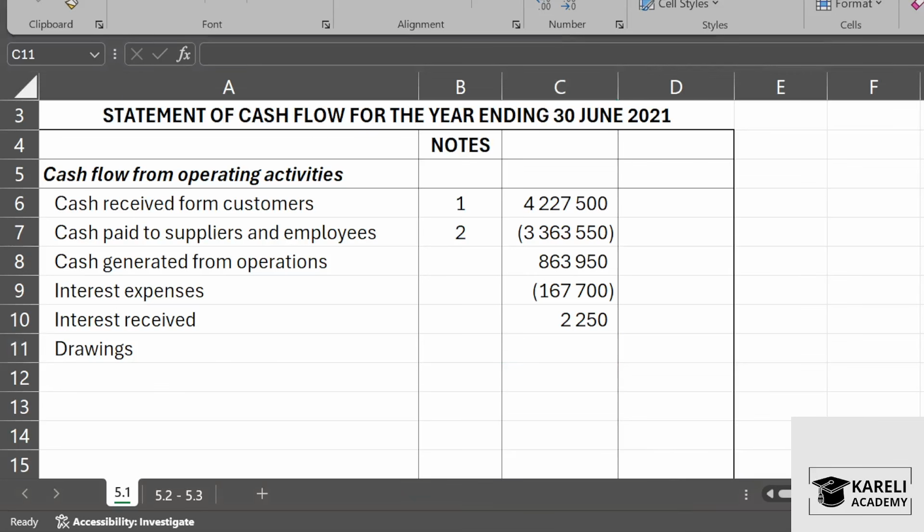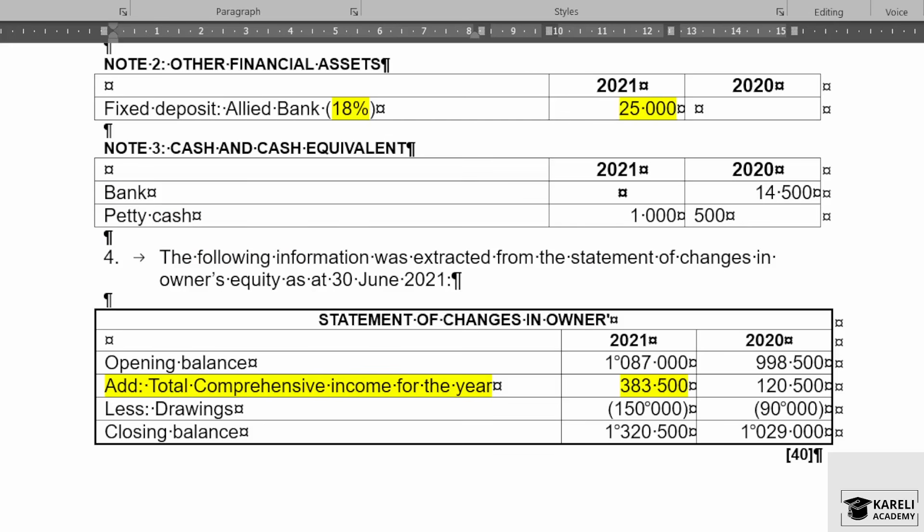Where do we take the drawings? Drawings will always be under the statement of changes in equity. Now you take the drawings for the current year, the closing balance of drawings, which is 150,000. You take it to your statement of cash flow.